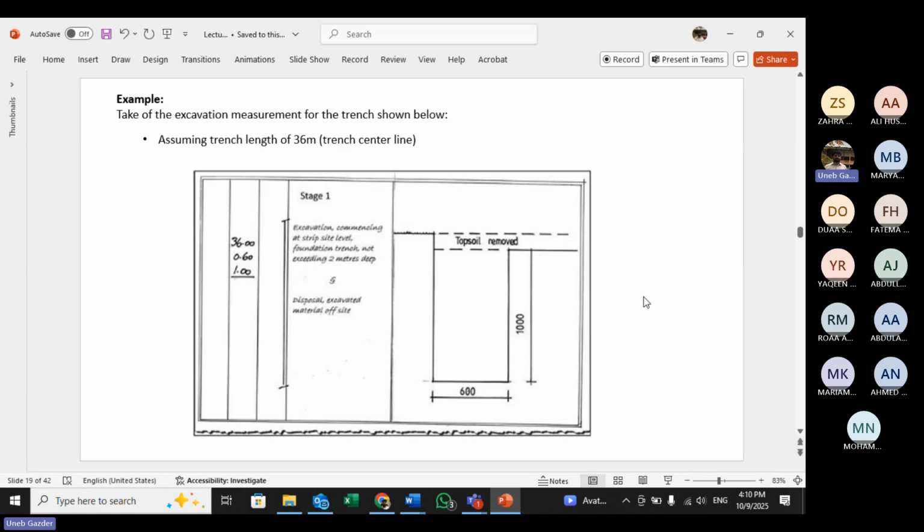Okay. So this is a very simple example. And for the excavation, the length is 36 meters coming from the plan, 0.6 meters the depth and 1 meter the height. The excavation amount will be this much and the disposal amount will be the same. So you can see it is bracketed. Okay, remember the bracketing. So it's very simple.